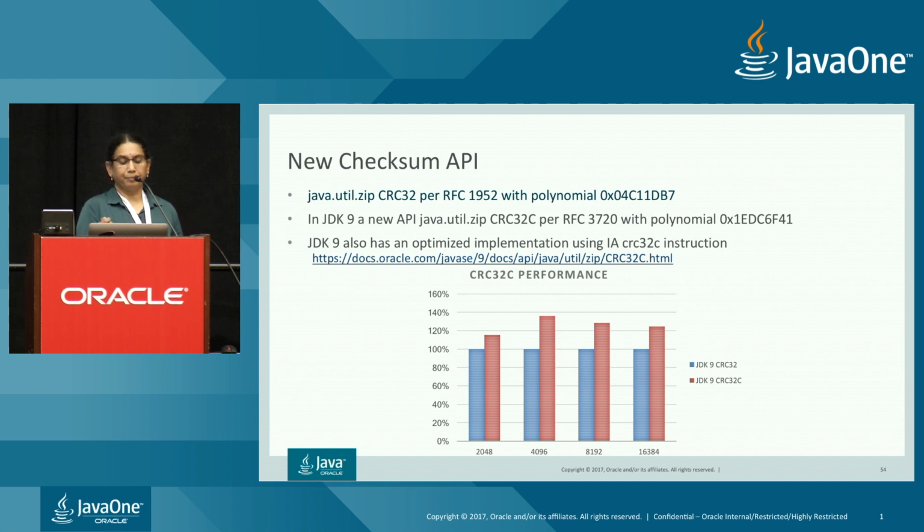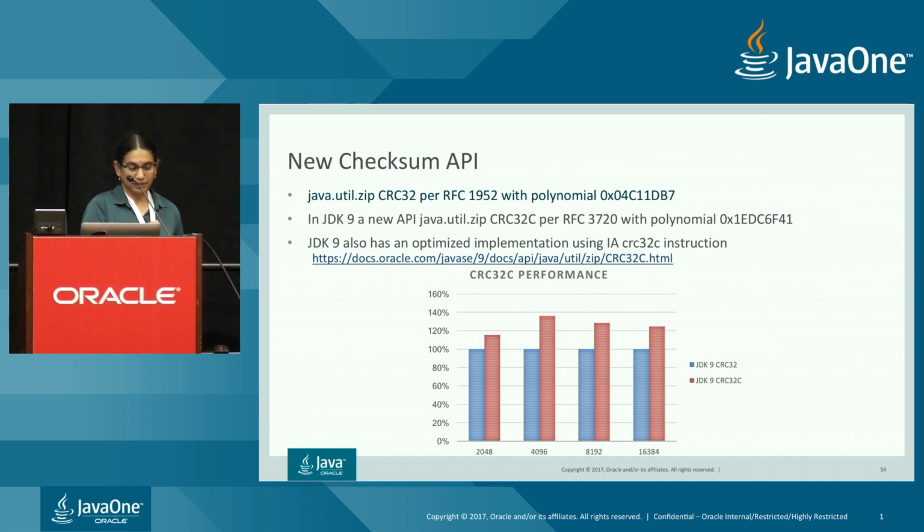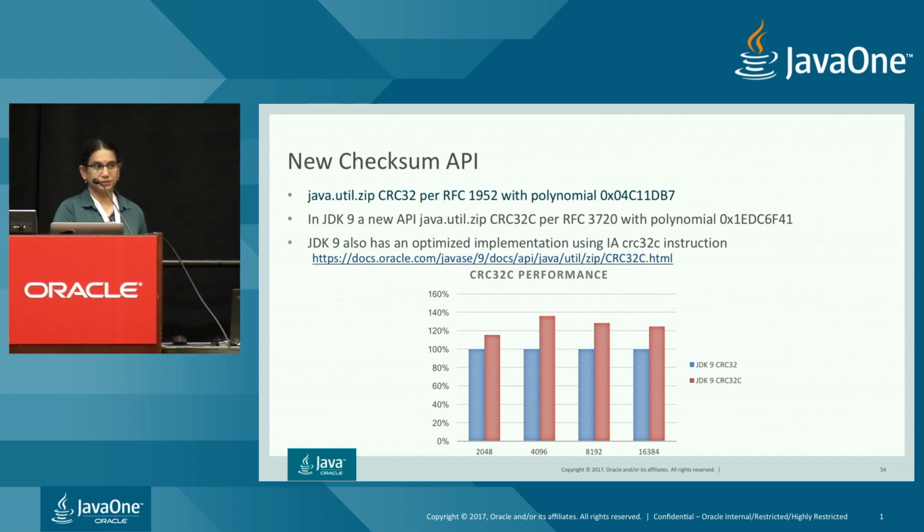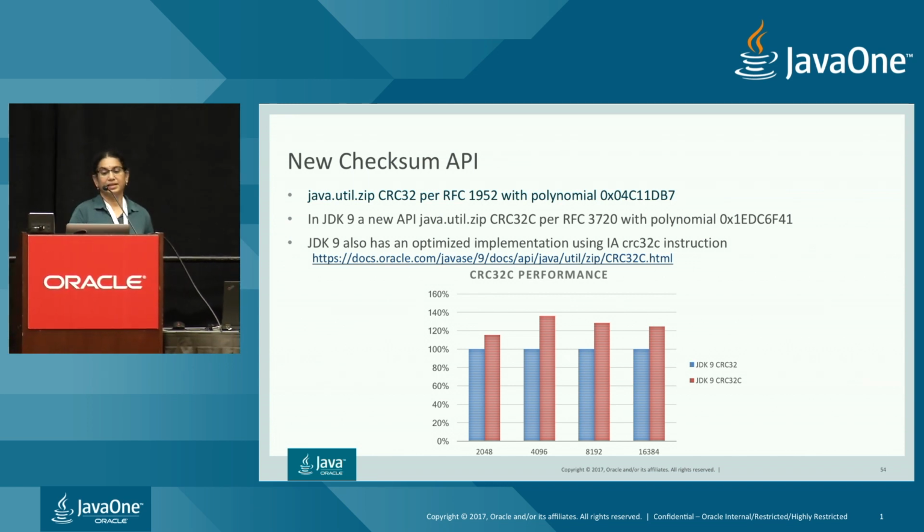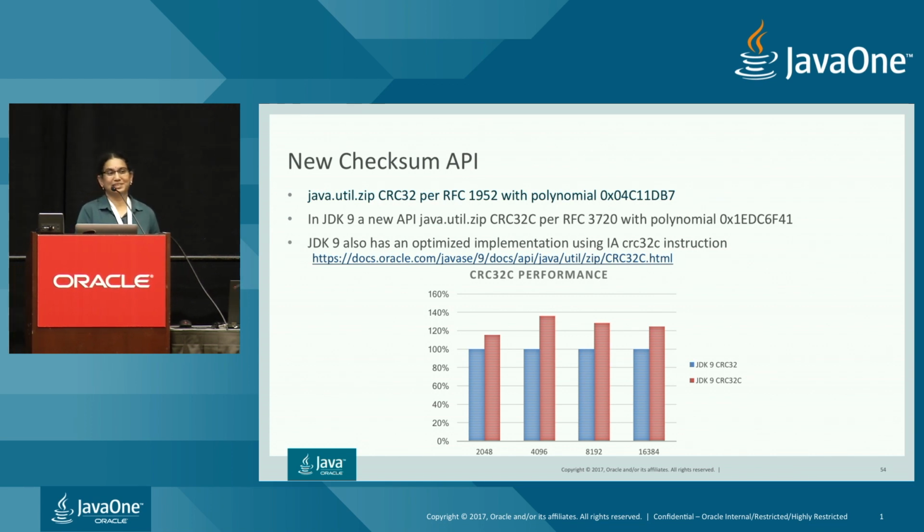In JDK 8 as well as JDK 9, both have java.util.zip.CRC32, which is a different CRC polynomial, and that is optimized using the carry-less multiply. The CRC32C, the new API, gives an additional 2x performance improvement over the previously optimized version.